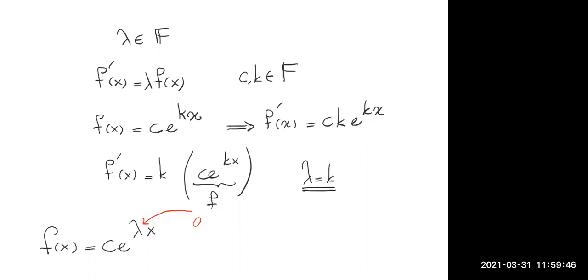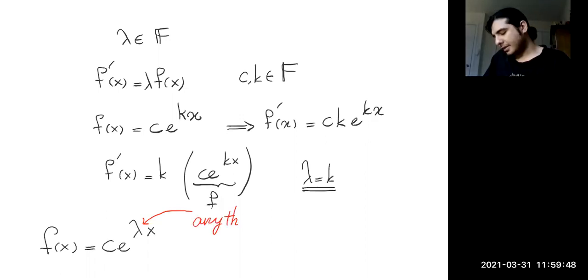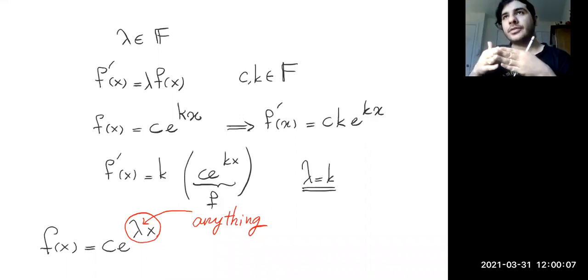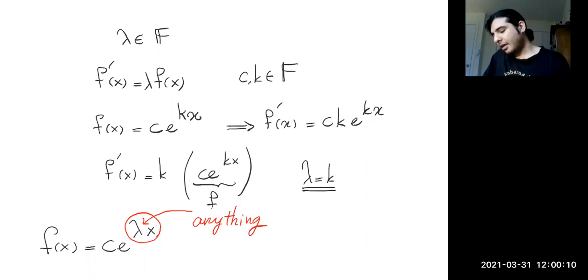It can be anything, because for this function e to the lambda x, we can just write down any number. E to the x is defined for anything, and as our computations show, the derivative of that is always equal to lambda times itself.